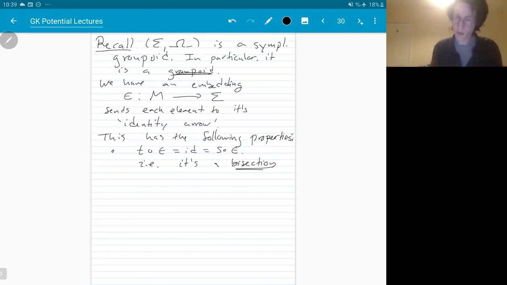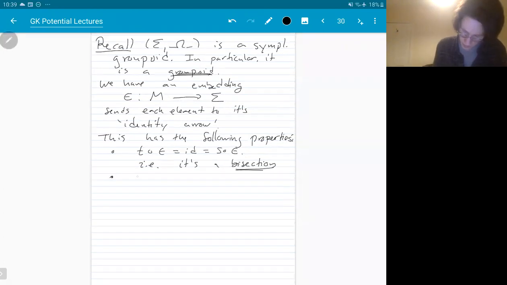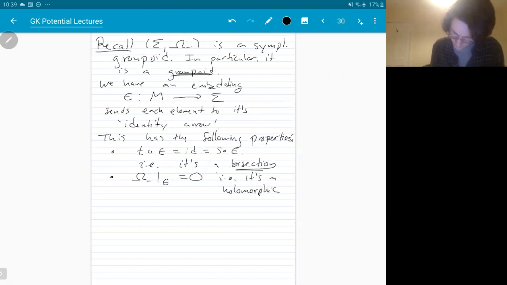It's a section of both of the two maps. That's why it's called a bisection. And the second fact is that it's actually a holomorphic Lagrangian.